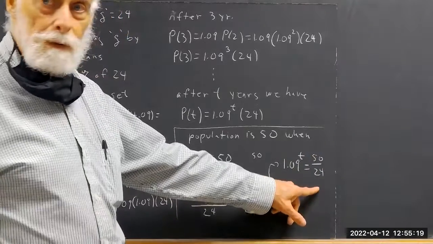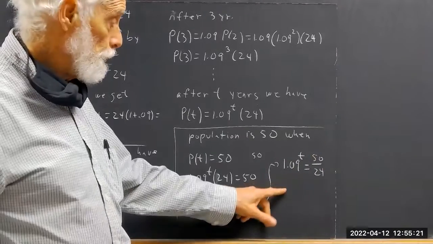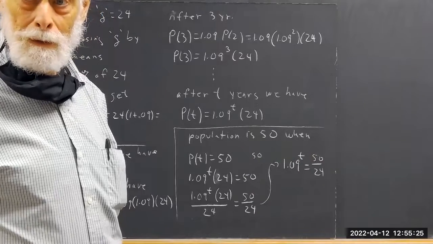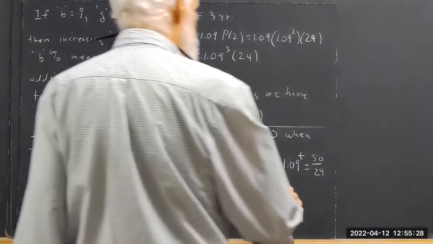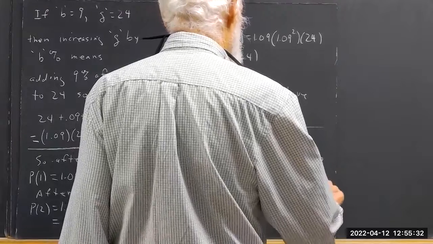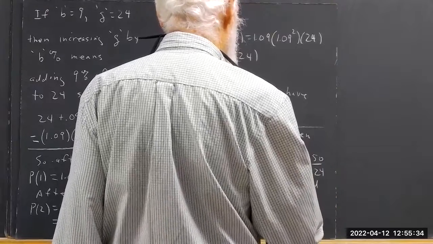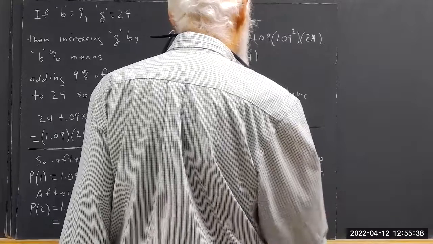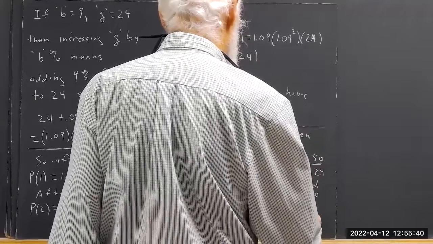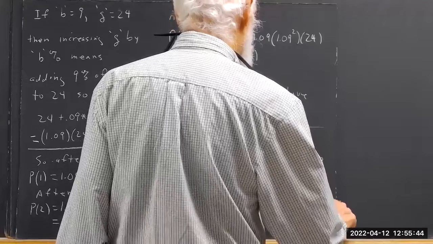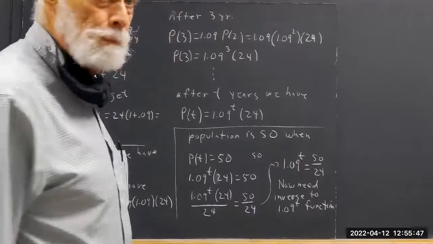At this point, you need an inverse function to the exponential function. Okay. So now we need the inverse to the 1.09 to the t function.